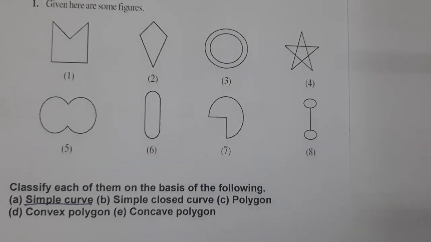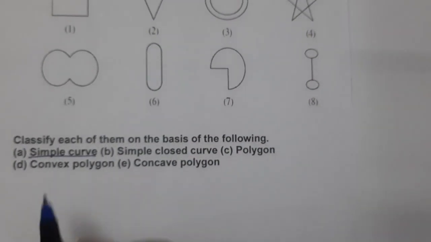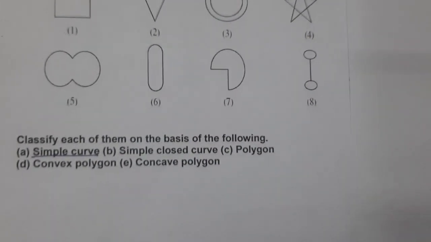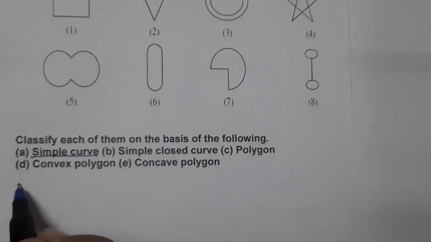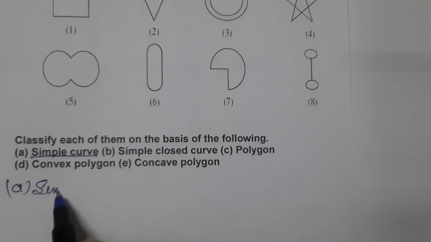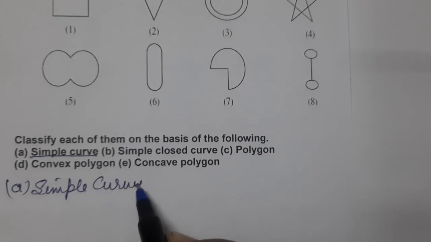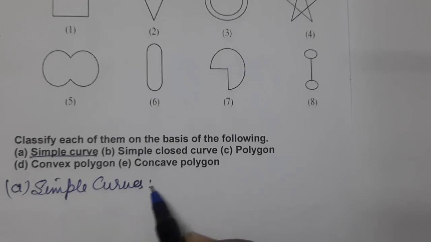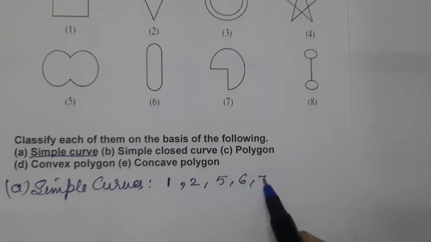Let us write first solution. Which figures are simple curves? First one, then second one, third one not there, fourth one not there, fifth one, sixth one, seventh one. So these all are simple curves.